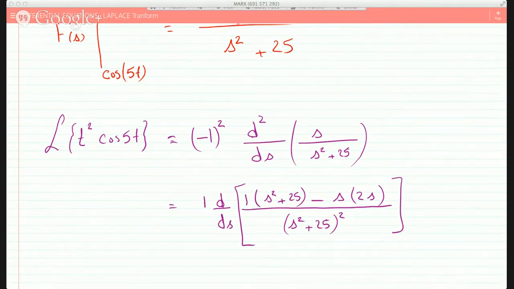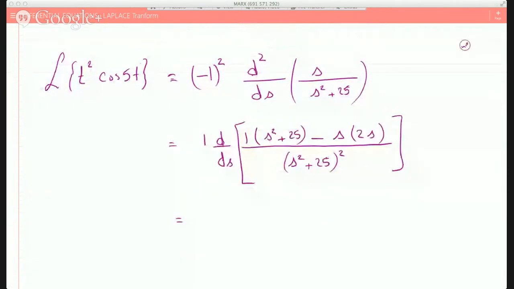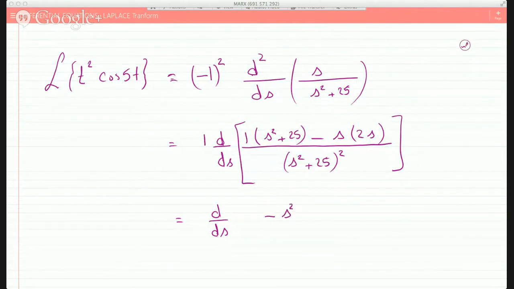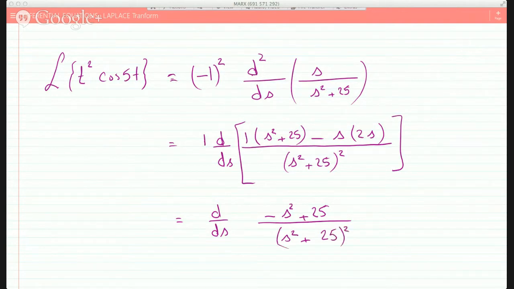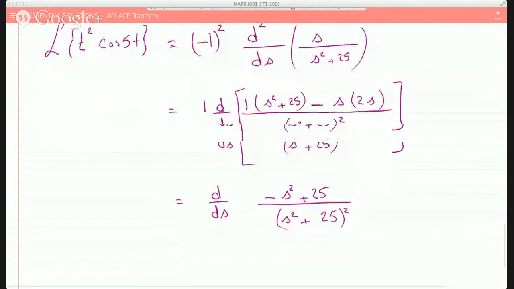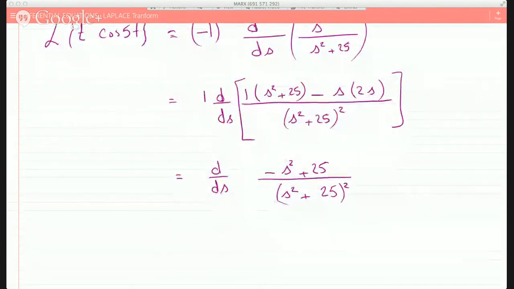We can simplify this. So this is minus 2s squared, so this is minus s squared plus 25, over s squared plus 25 squared. I mean, it's still a little bit tedious in terms of derivatives, but it's a lot less tedious than having to actually go and do the integral or the definition of Laplace.